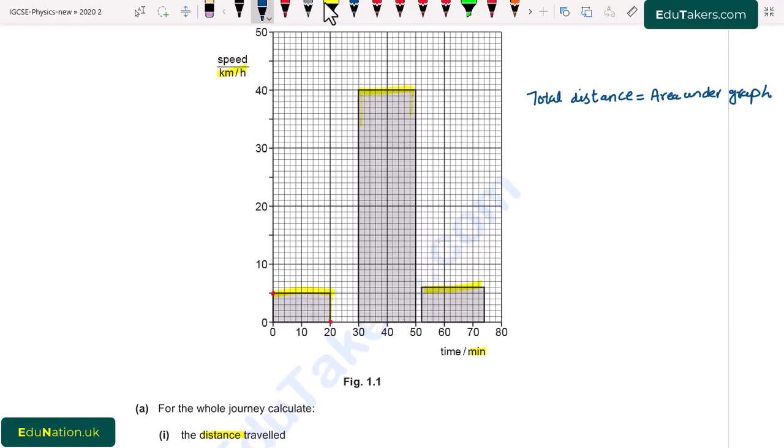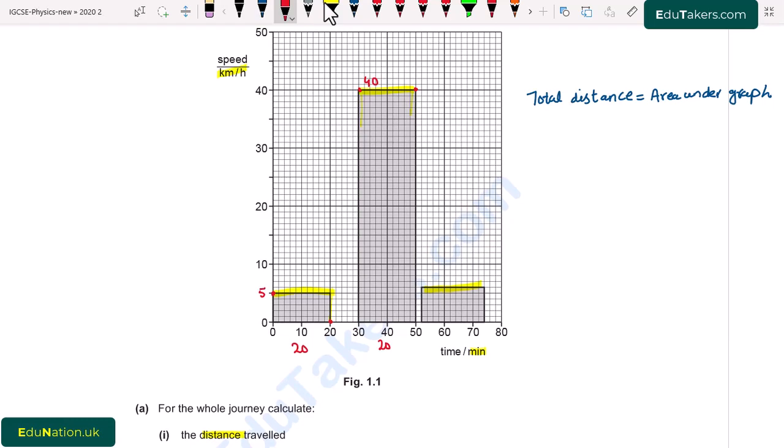So we have to calculate area. Next, I consider these 2 points. At that, speed is 40. I write here 40, while the time is 30 and 50. So total time here will be 20 minutes. Here time is also 20 minutes, and it is 5 kilometer per hour.